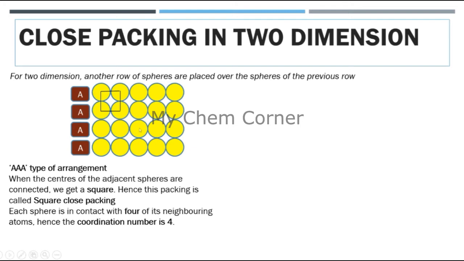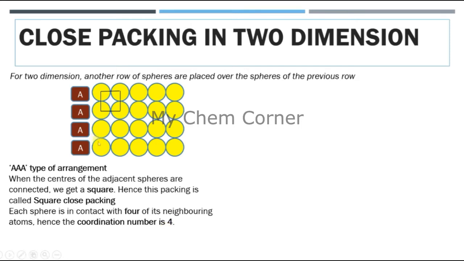So totally how many atoms is that sphere in contact with? With 4 other neighboring atoms. Therefore, the coordination number of each sphere in this type of arrangement is 4, because any sphere that you take is touching 4 other spheres. So this is one type of arrangement where you get a square close packing whose coordination number is 4.